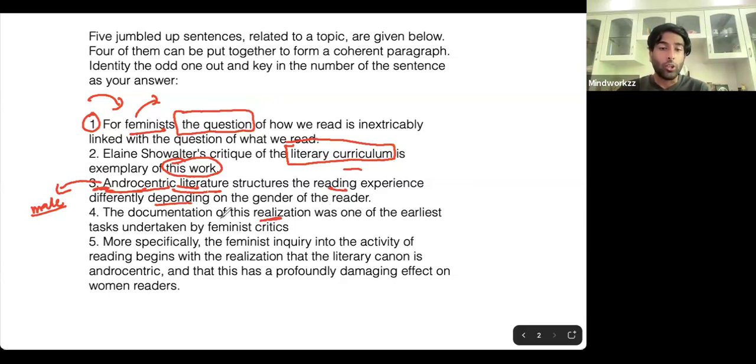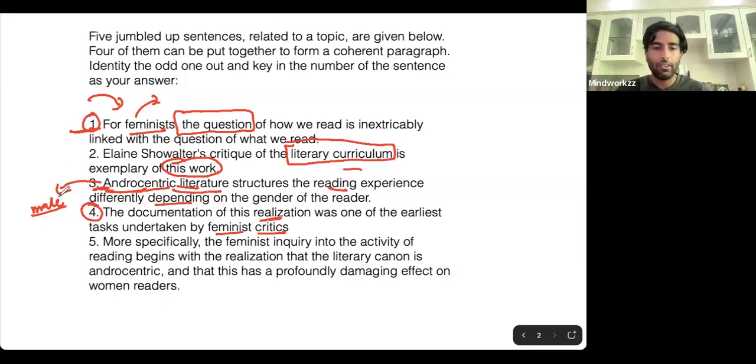Okay, so the documentation of this realization was one of the earliest tasks undertaken by feminist critics. Again, try to understand, we are talking about feminists here as well, feminists in statement one as well. So you can try to understand that maybe these two sentences are linked because the idea is about what feminists are trying to come to a conclusion, right?